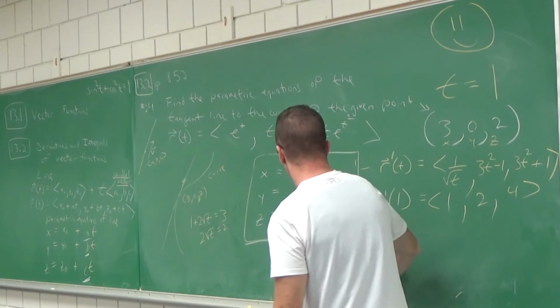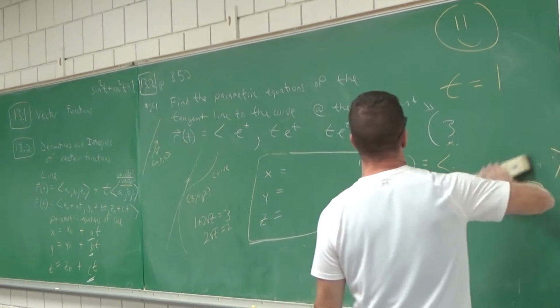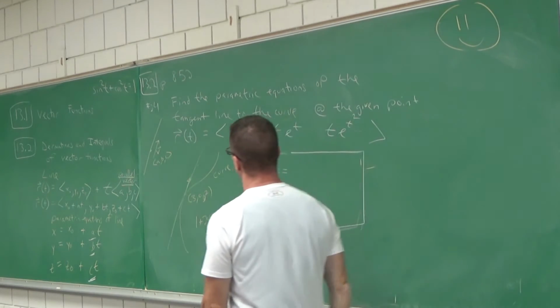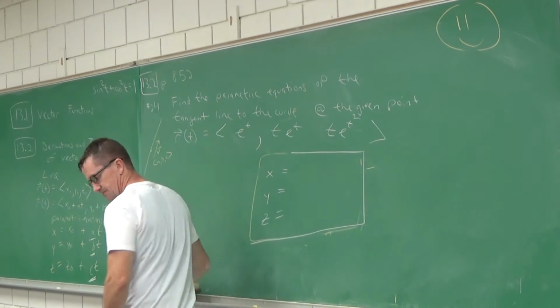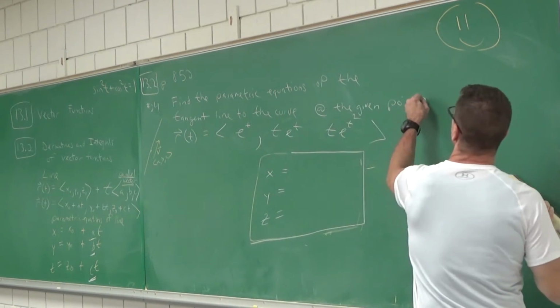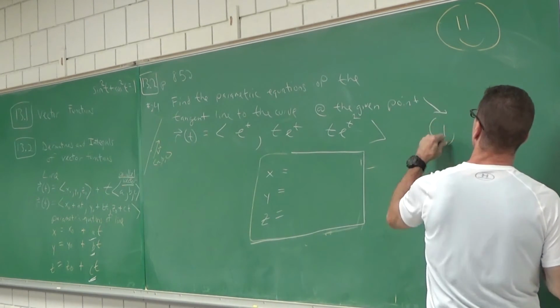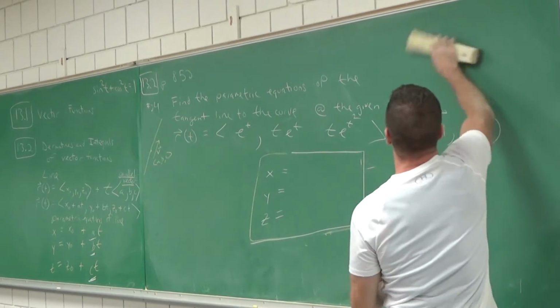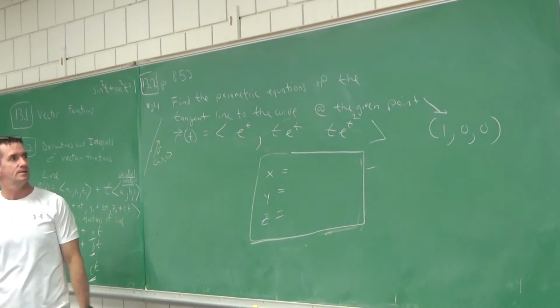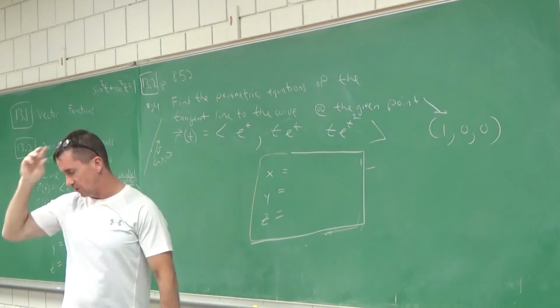What is the point? And the point for this problem, 1, 0, 0. And you find the parametric equation of the line at the point 1, 0, 0.